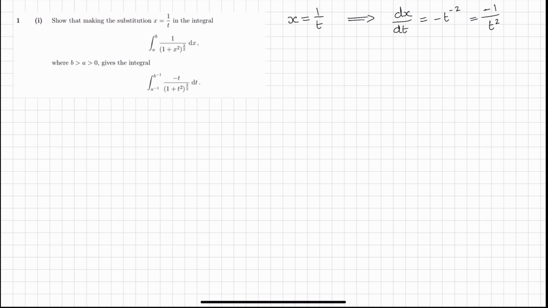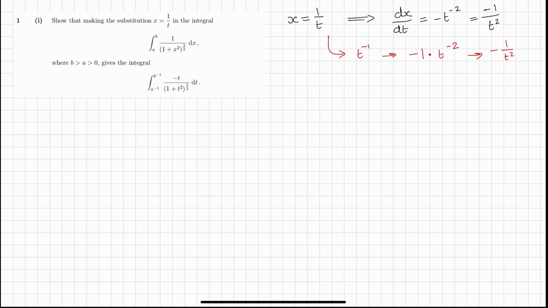Now that's because we've got t to the minus 1. We multiply by minus 1 in the front and drop the power by 1, which gives us negative 1 over t squared.